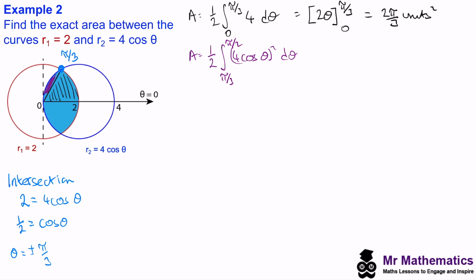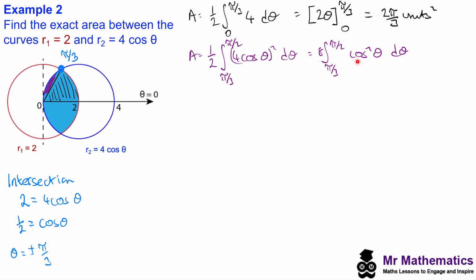We can expand these brackets out and we get 16 cos squared theta. For 16, I can pull out the front to give us 8. So this will become 8 times the integral of our limits of cos squared theta, integrated with respect to theta.